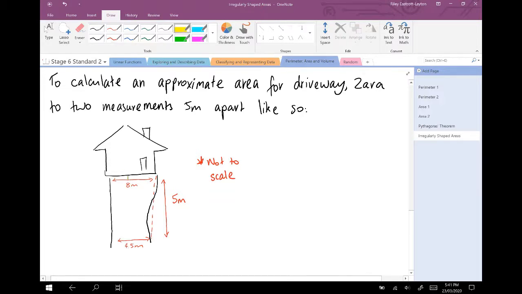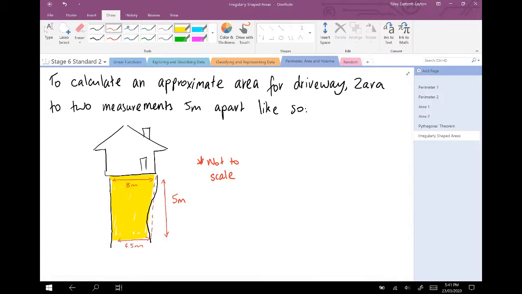And I'm hoping that you can see our trapezium is this bit right here. Okay, so there's our trapezium.